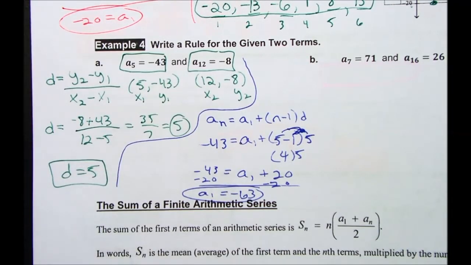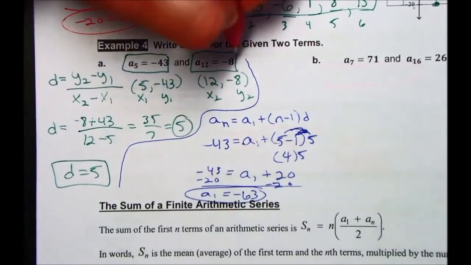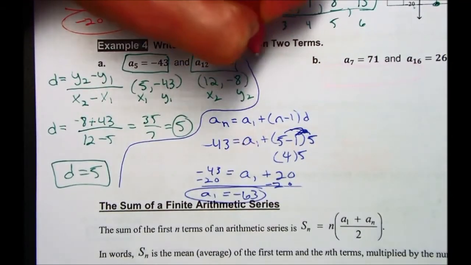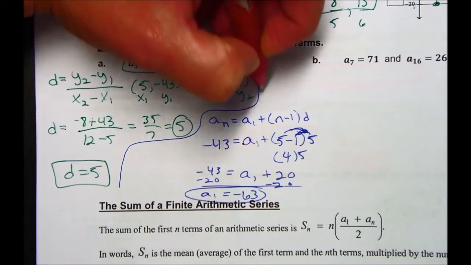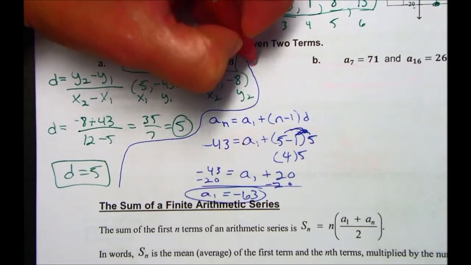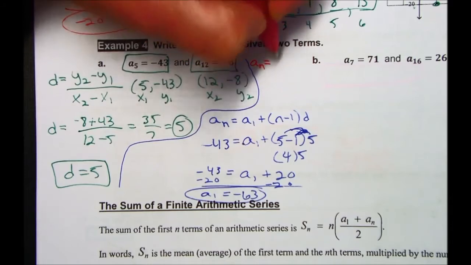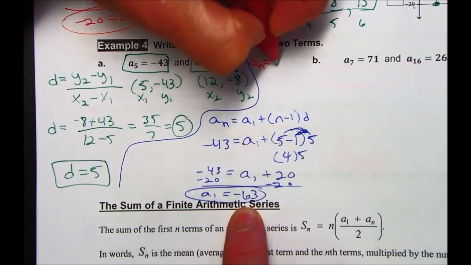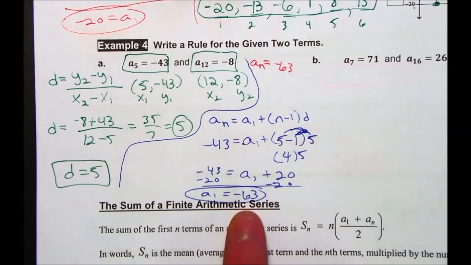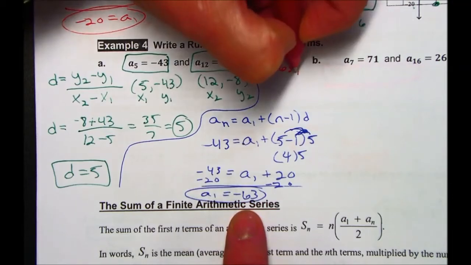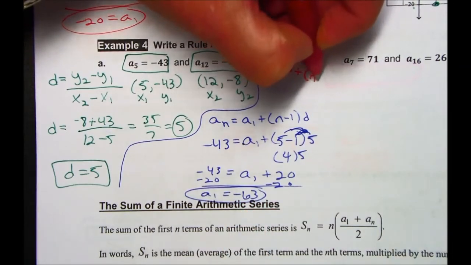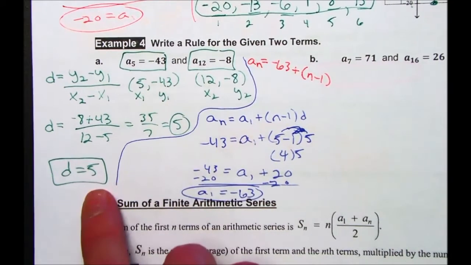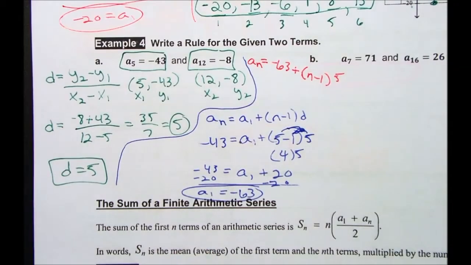For problem A, a sub n equals a sub 1, which is negative 63, plus n minus 1 times the common difference, 5.